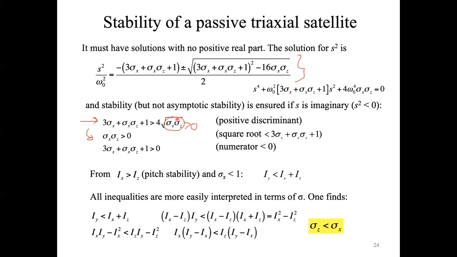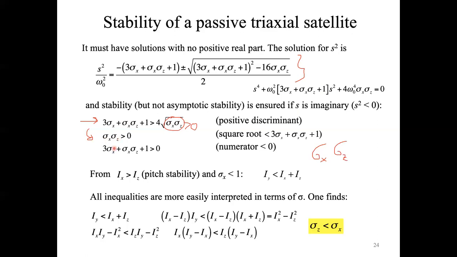Those conditions will be important because what we are going to do will be to find the configuration of sigma x and sigma zeta that provides stability. And as I said, these parameters depend on the moment of inertia. So we have to find all the conditions that give you the sigma x and sigma zeta configuration for stability.